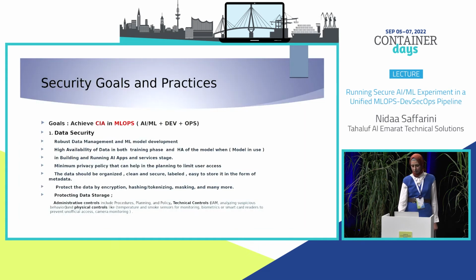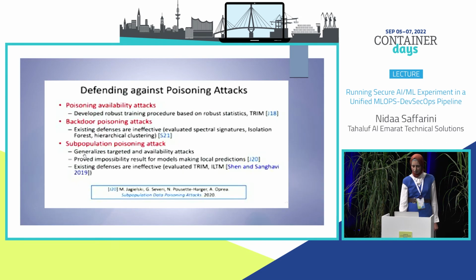And here is how we could secure the data. The first point, and one of the most important, is to build rapid data management and use data from authorized resources while building the machine learning model, and keep high availability as well.